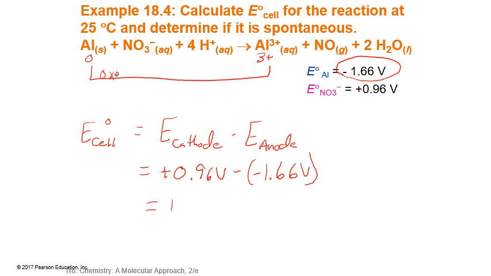That gives us a positive 2.62 volts. Because it is a positive value, that means that this is a spontaneous reaction with aluminum acting as our anode.